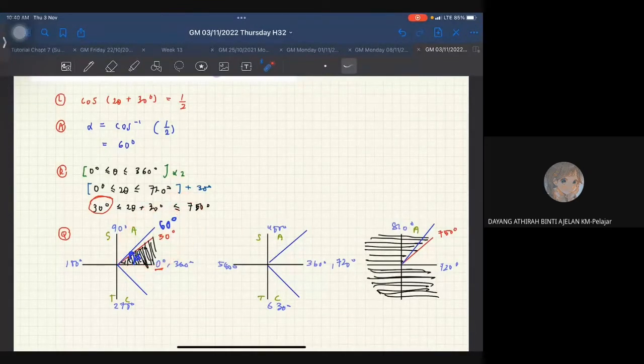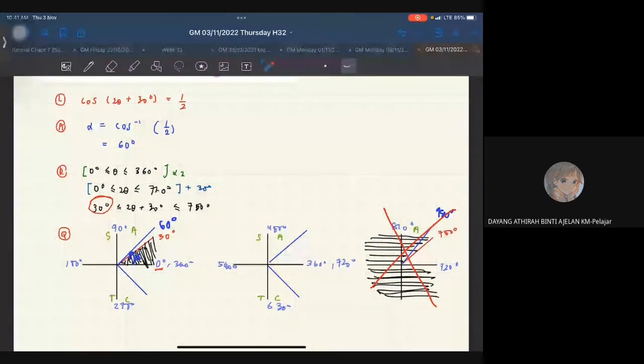Tapi untuk this one, kalau awak tambahkan 720 tambah 60, awak akan dapat 780. So 780 is already out of range. So that's why lah kita tak akan consider this one. Buang je terus. Dah tak termasuk dalam range kita. So kita hanya fokus dekat yang first dengan second rotation sahaja.